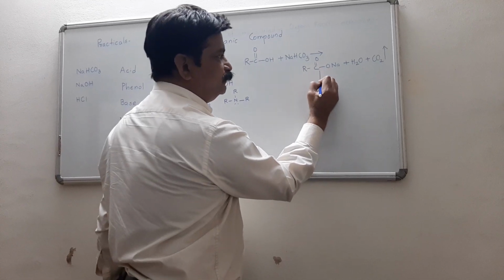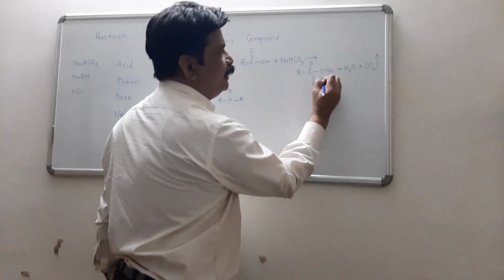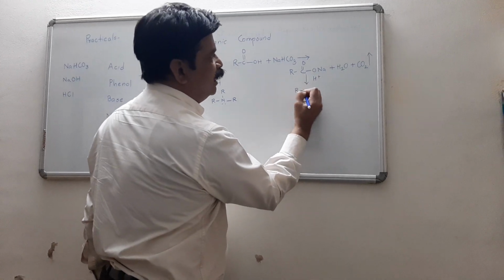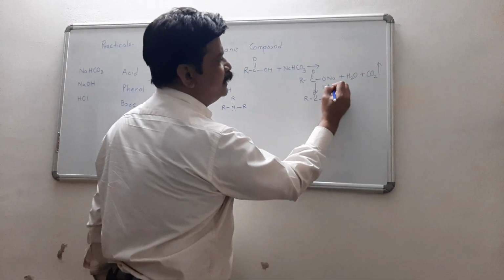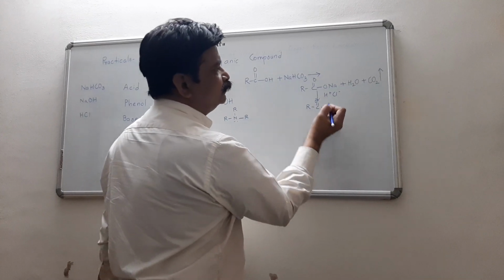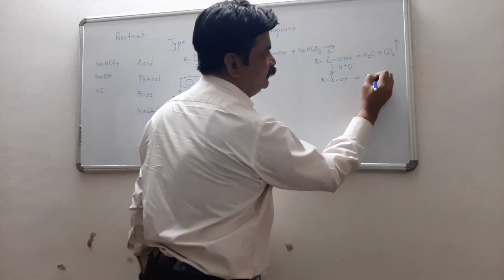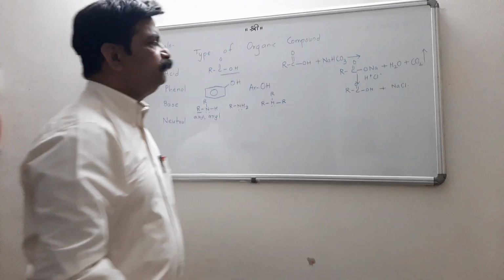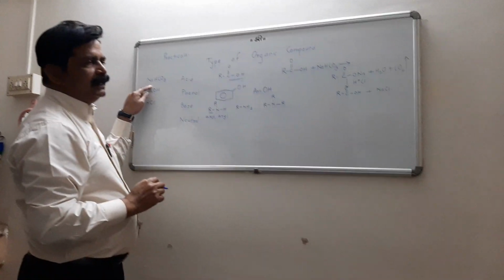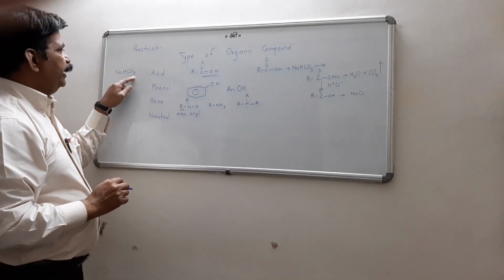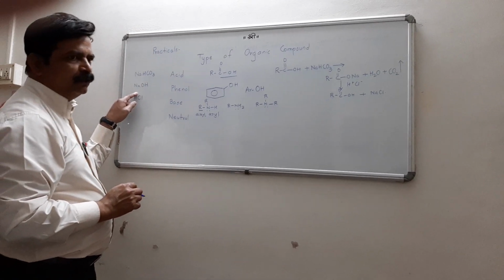So to reprecipitate it, any acid is added and it becomes RCOOH. And the very common acid added is HCl. So it forms RCOOH plus NaCl. Why is this acid reacting with sodium bicarbonate, but phenol requires sodium hydroxide?